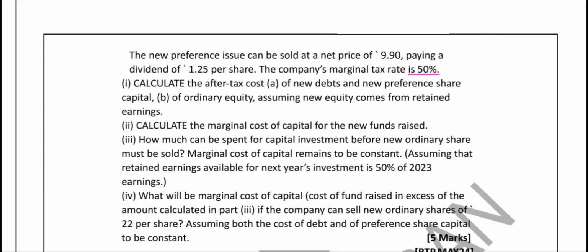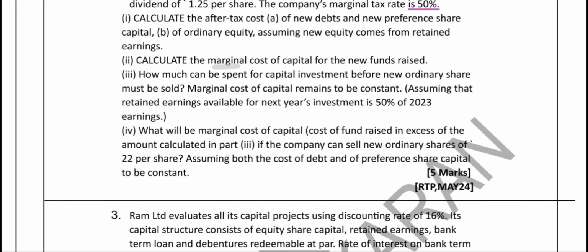Then calculate the after tax cost of new debt, new preference capital, and ordinary equity, assuming new equity comes from retained earnings. Then calculate the marginal cost of capital for new funds raised, and how much can be spent for capital investment before new ordinary shares must be sold.